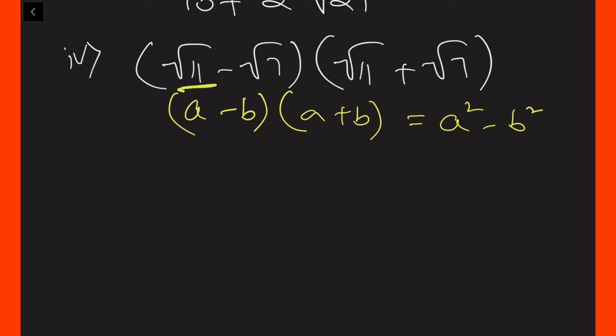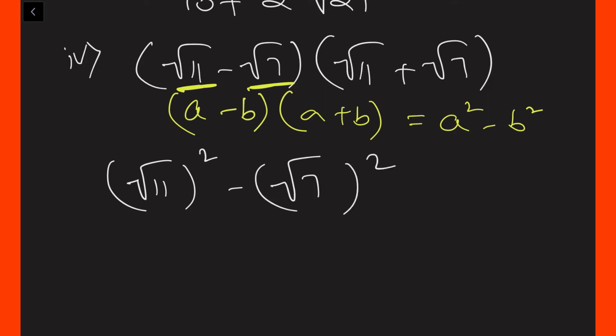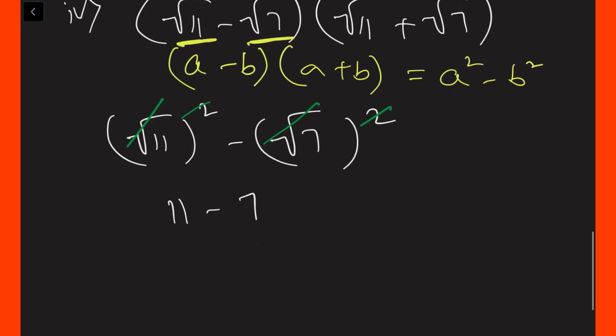In the place of a, √11 is there. In the place of b, √7 is there. So let us substitute now: a², that is (√11)², minus b², (√7)². Square root and square cancel, so we remain with 11 − 7, which is nothing but 4.